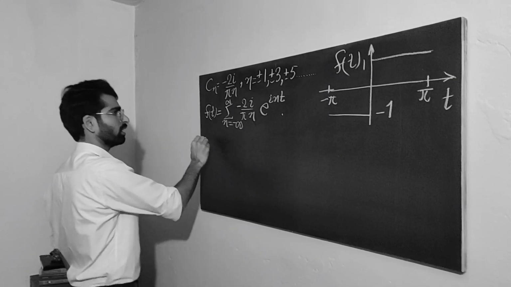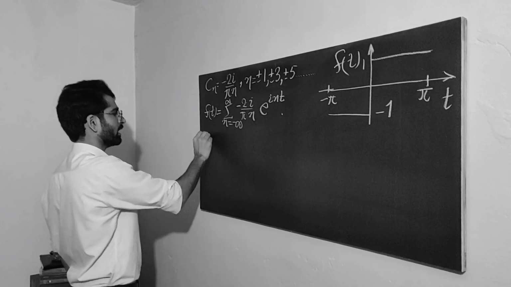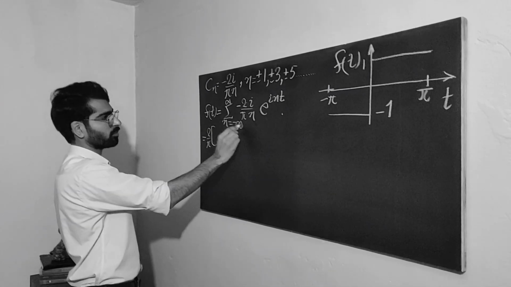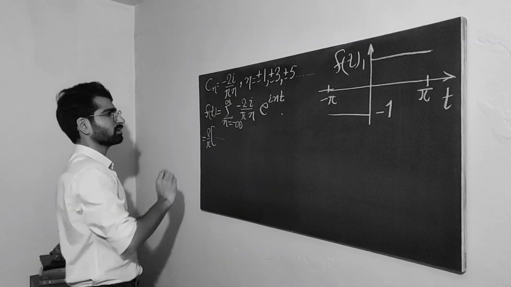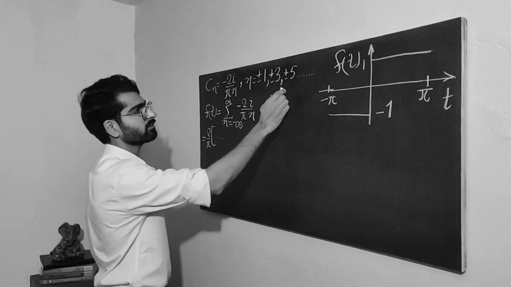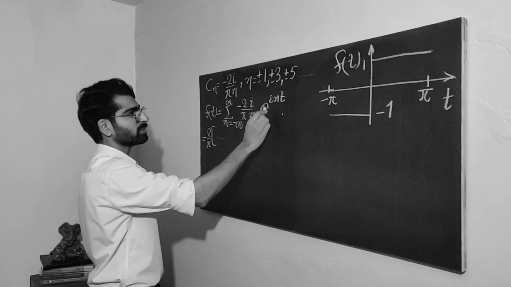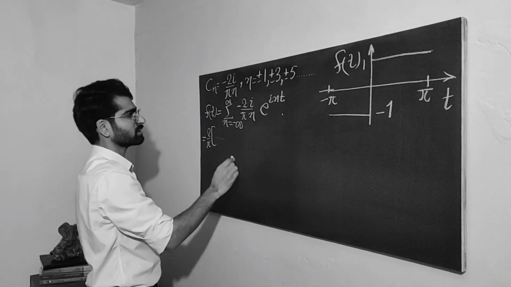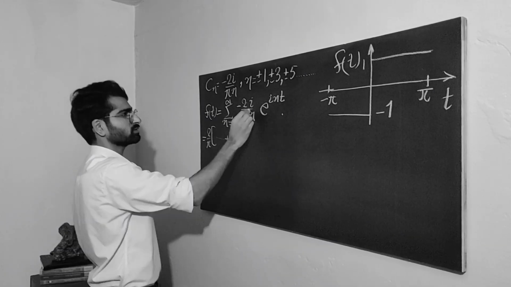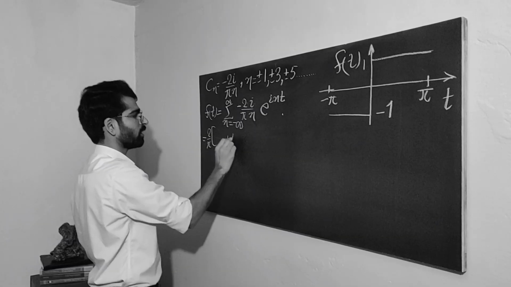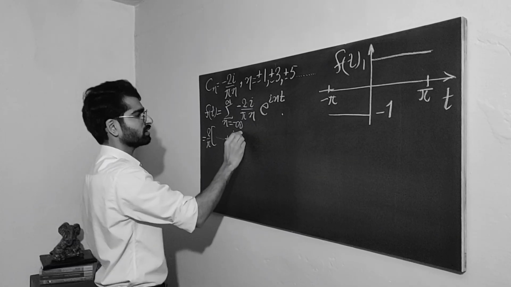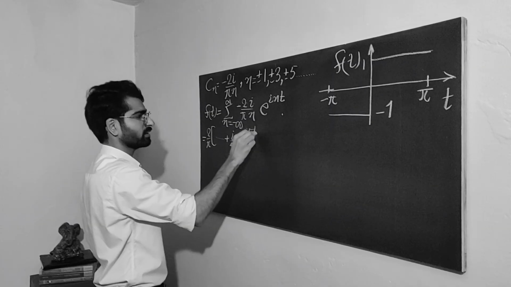So I will take 2 over pi outside, and I'm coming from minus infinity, but I will start with minus 5. When I put n equals minus 5 here and here, minus times minus gives you plus, so it will be i over 5 times e to the minus i 5t.